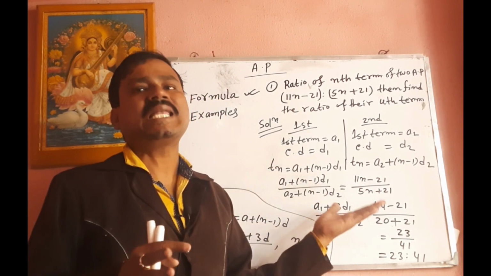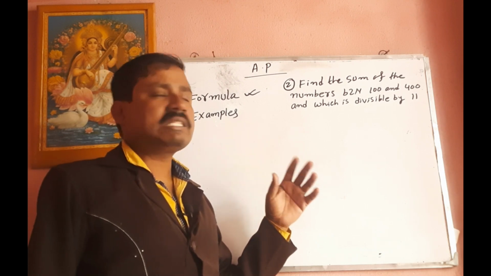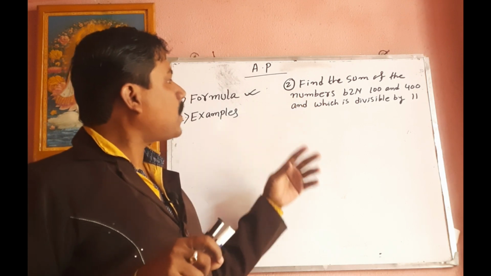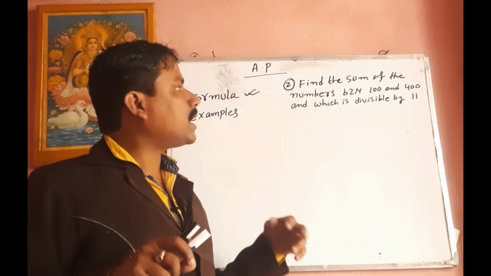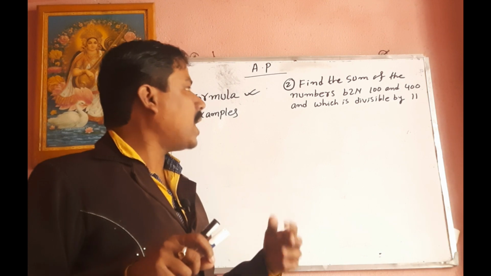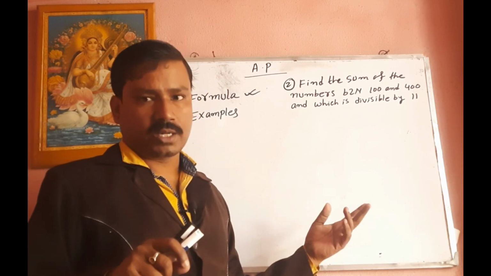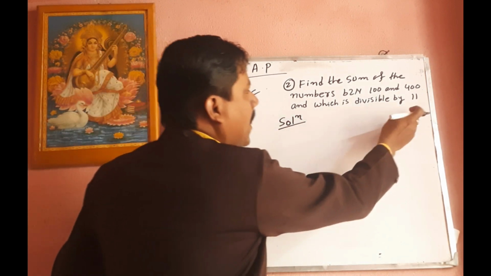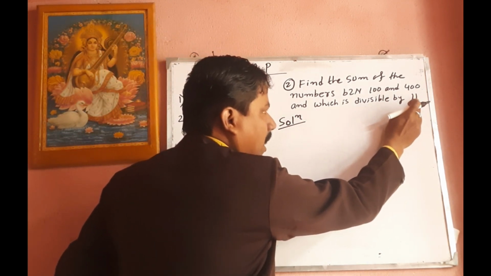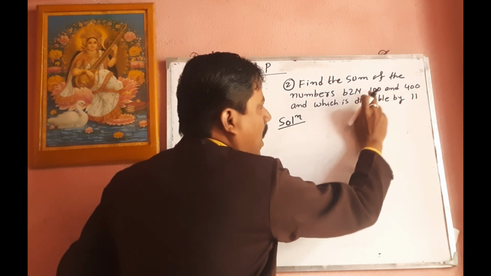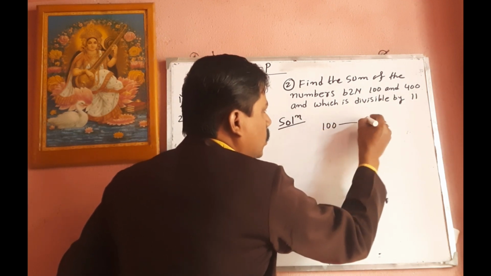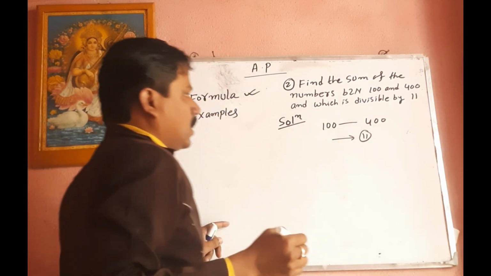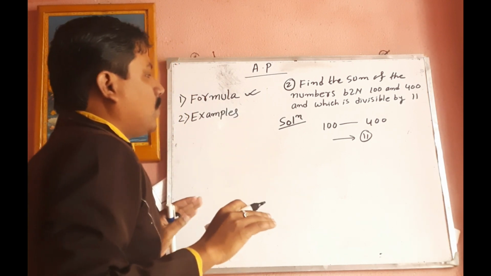Now we move to the second example of the day. The second example is: find the sum of the numbers between 100 and 400 which are divisible by 11. So at first, the numbers are between 100 and 400 and divisible by 11.